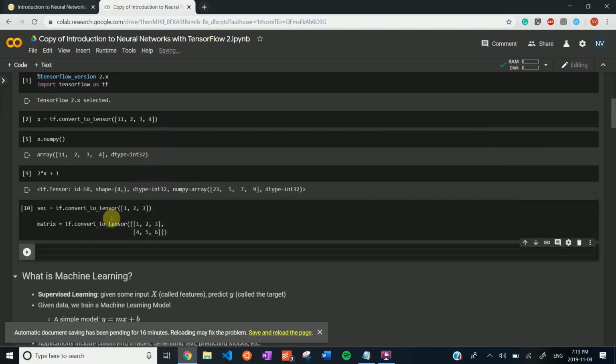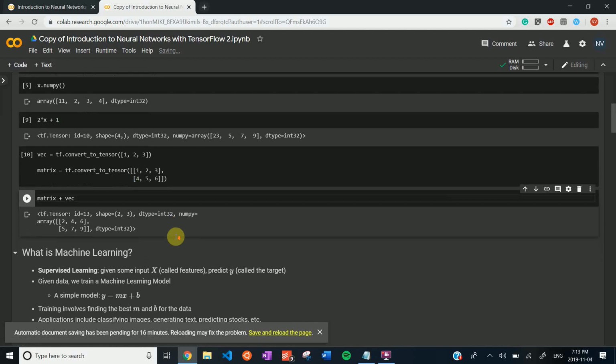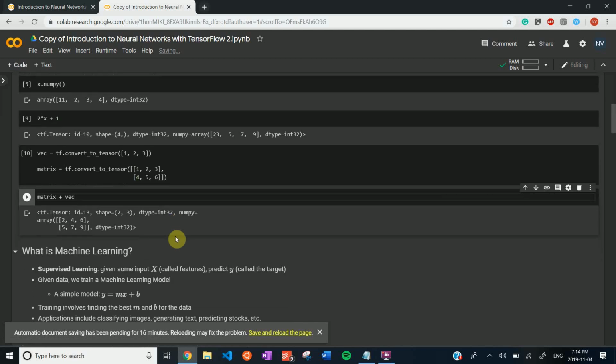Broadcasting will basically allow you to add the vector to the matrix, and what will happen is this. It'll check which dimensions match, and whichever dimensions don't match, it'll actually duplicate the vector. Don't worry if you didn't catch that, or if you don't quite understand what's going on. I did post a link in the completed document to read about this in more detail, but we will use this property for the rest of the workshop.